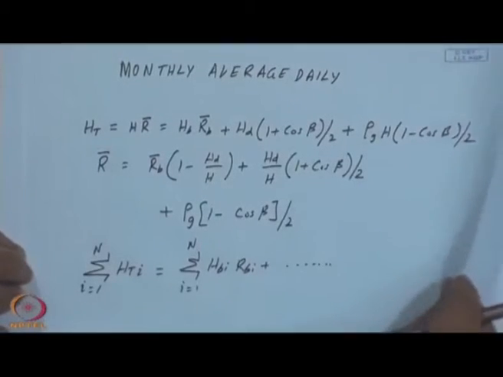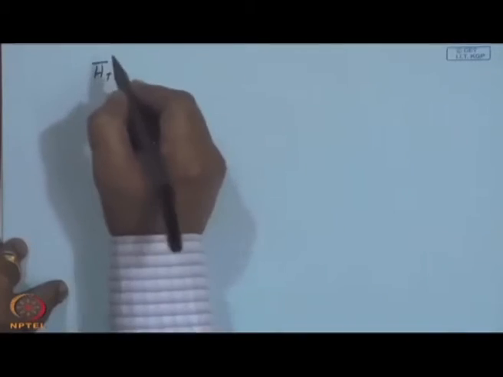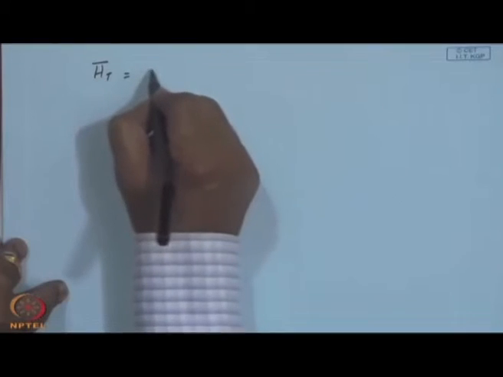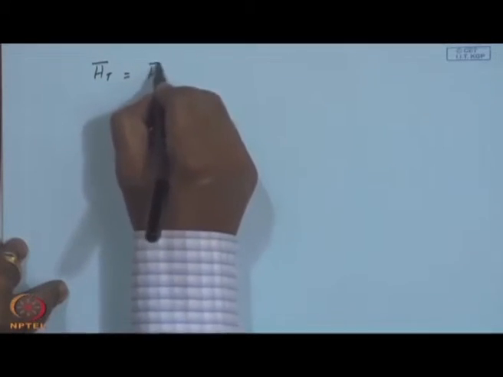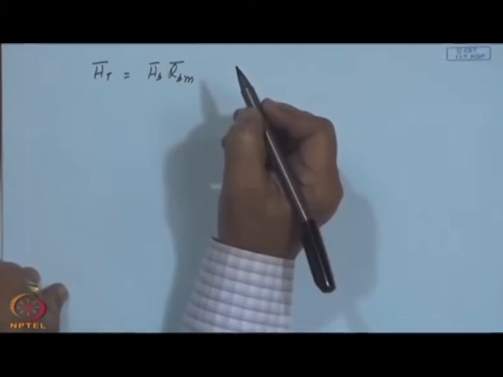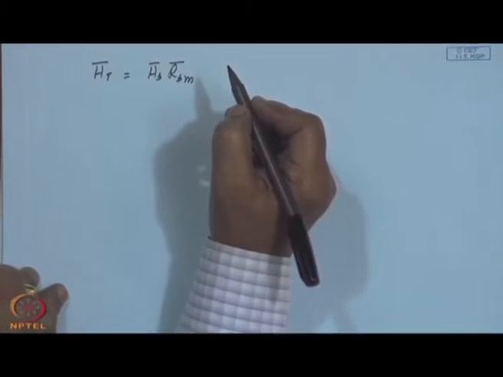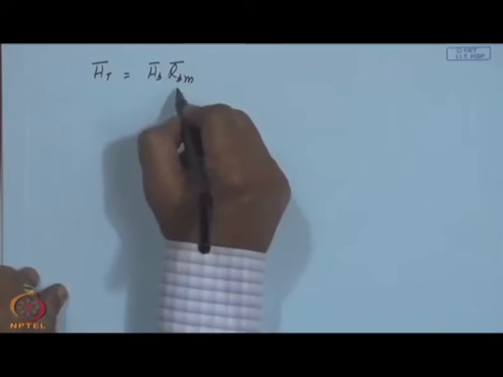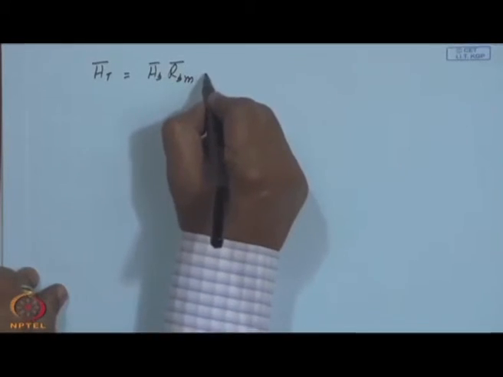Suppose I write this equation in a compact form, that is, I divide throughout by the number of days in the month, then to distinguish between the daily tilt factor and the monthly average daily tilt factor, I use the symbol R b bar m.